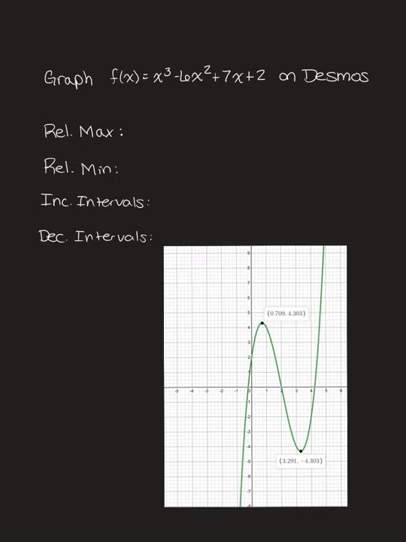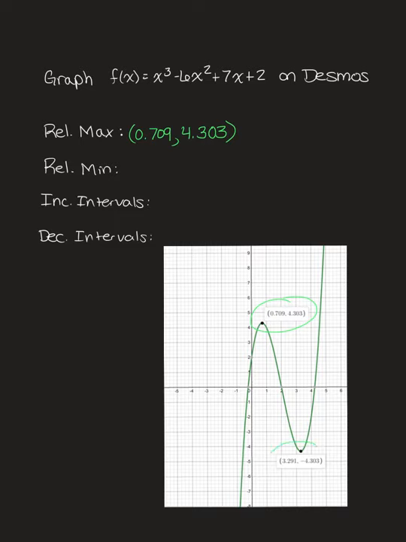So if I look on my graph here, let's find the relative max. That's the highest turning point. It's going to be this guy right here. And so you write that coordinate point. 0.709 and 4.303. That's your relative max.